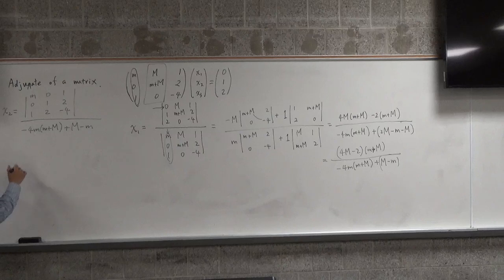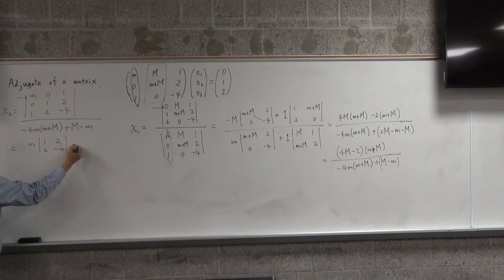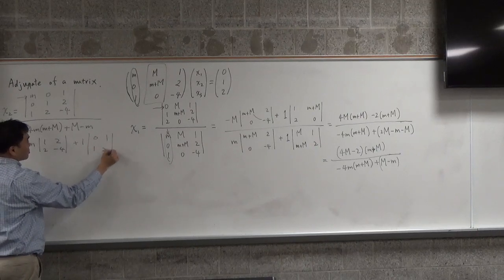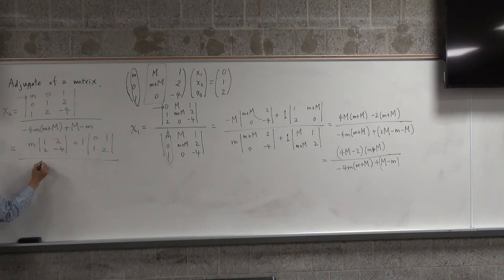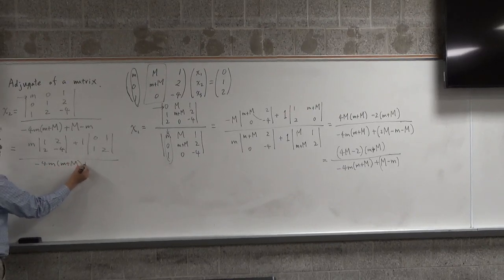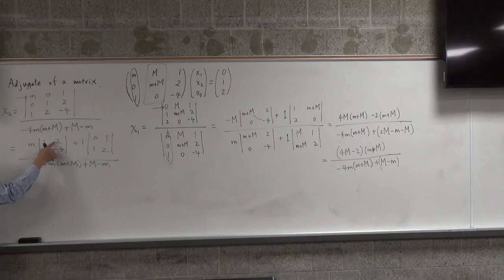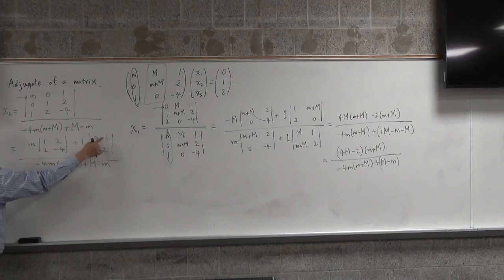And then if I expand this way, it will be m times the determinant of 1, 2, 2, negative 4, plus 1 times the determinant of 0, 1, 1, 2, over negative 4m, m plus M, plus capital M minus m. As negative 4, another negative 4 would be negative 8m, and 2 minus 1.